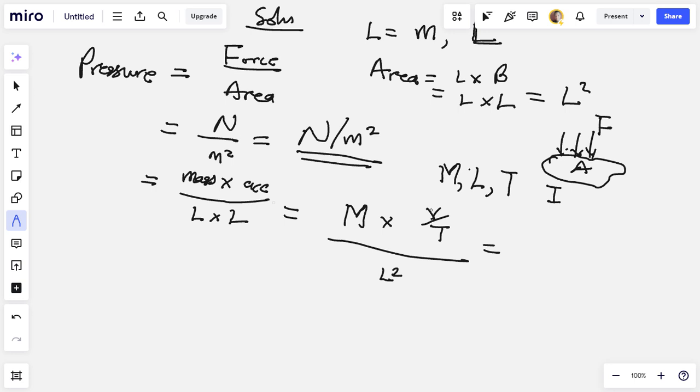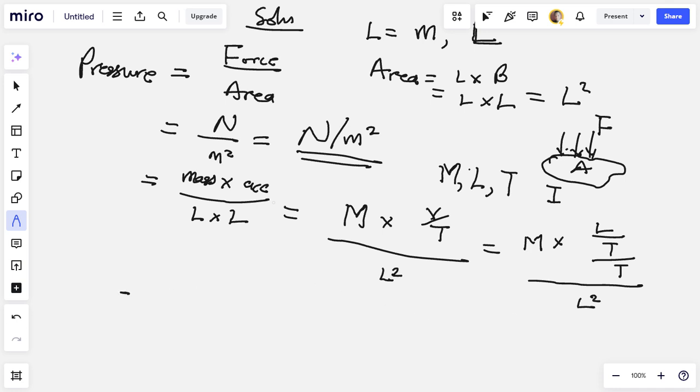Now, if you split this velocity into its dimensional unit, velocity is defined as displacement over time, and displacement is a length. So that's like saying a length over time, over another time, then over L squared.